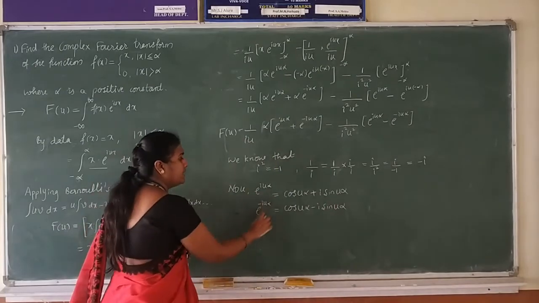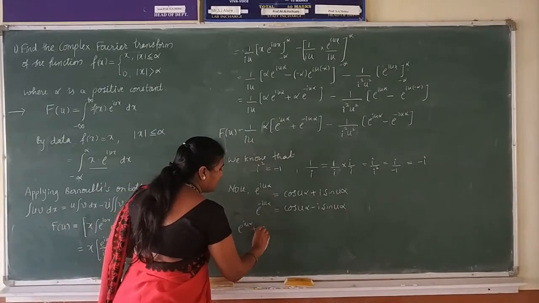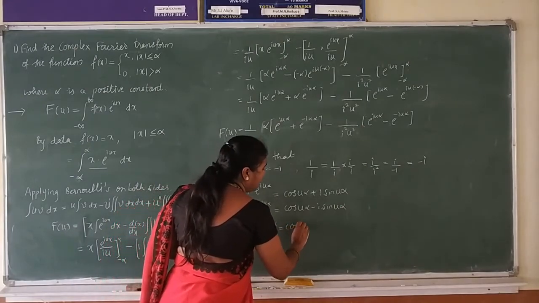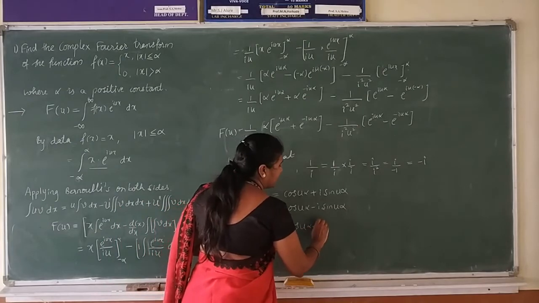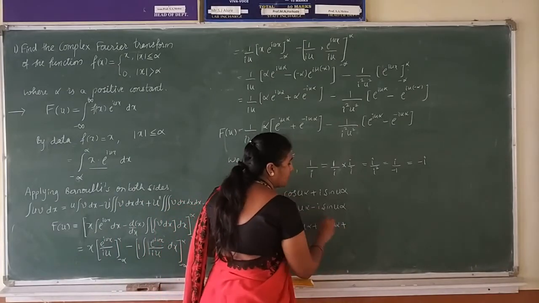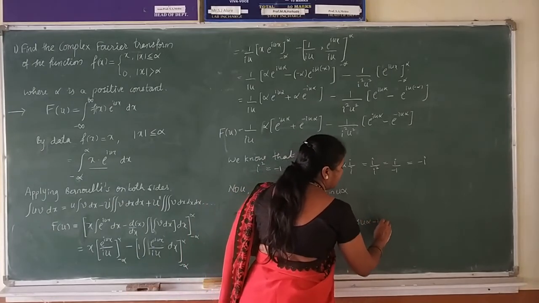Now adding these two, e to the power iu alpha plus e to the power minus iu alpha equals cos u alpha plus i sin u alpha plus cos u alpha minus i sin u alpha.